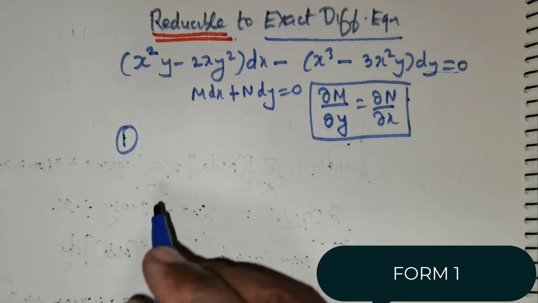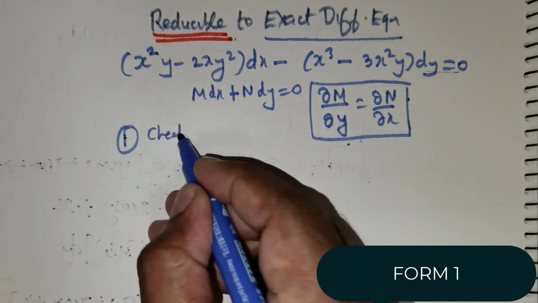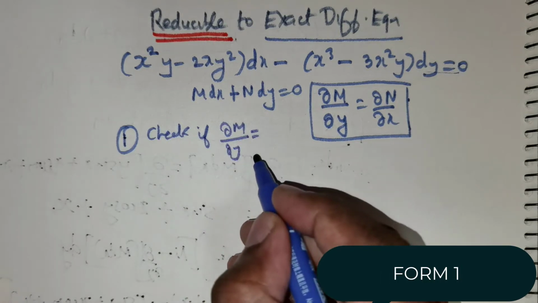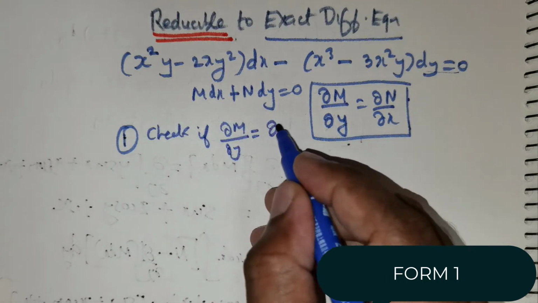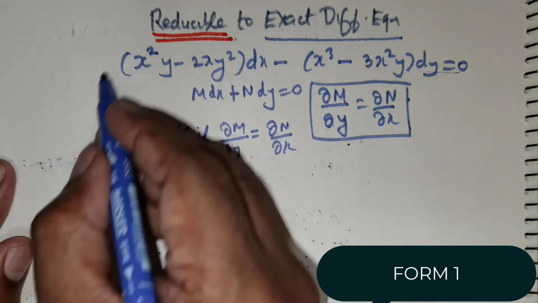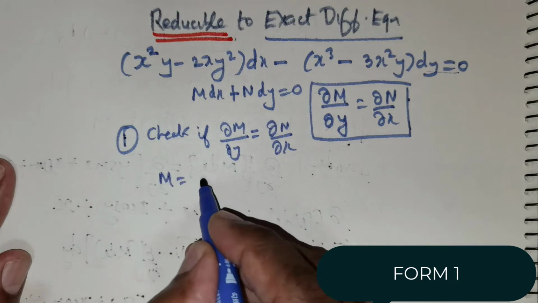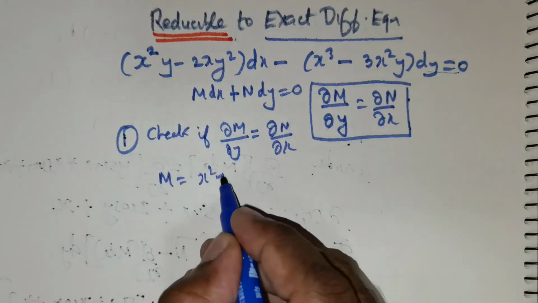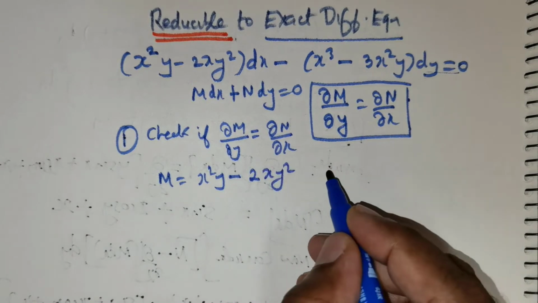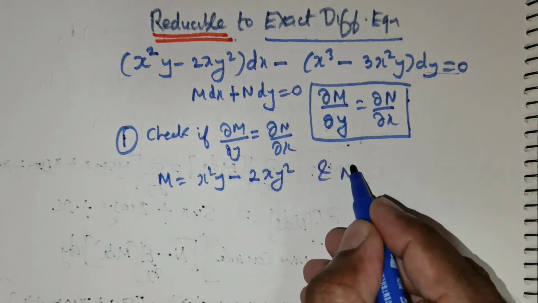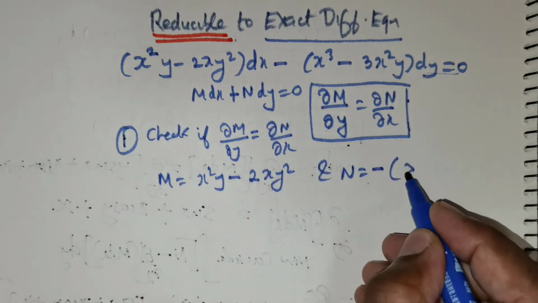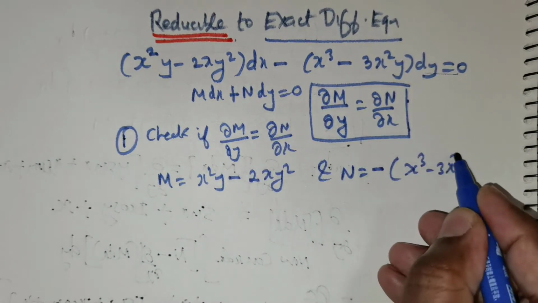So let me start to check if dou M over dou y is equal to dou N over dou x. Clearly from here I can see M is x squared y minus 2 times x y squared, and my N is, this is actually negative, so negative of x cubed minus 3 times x squared y.